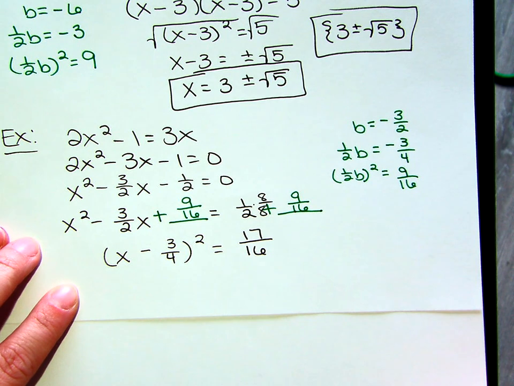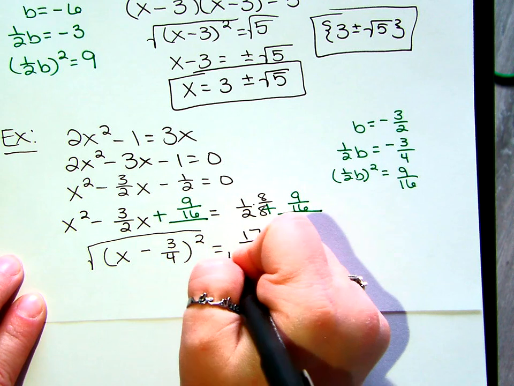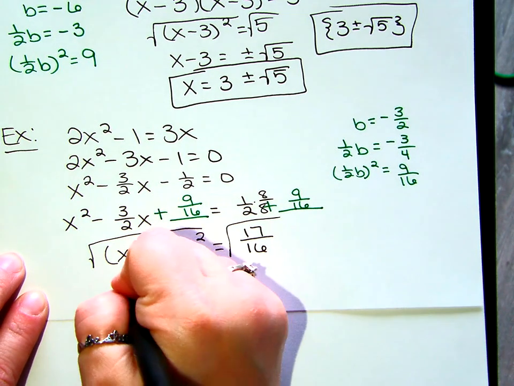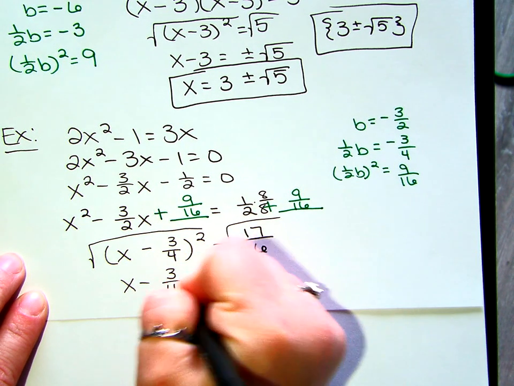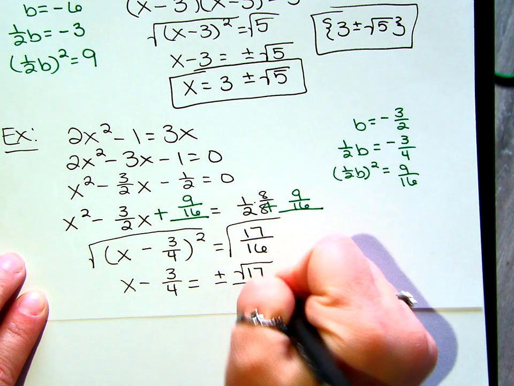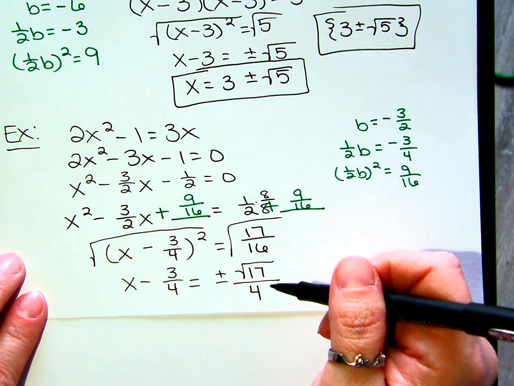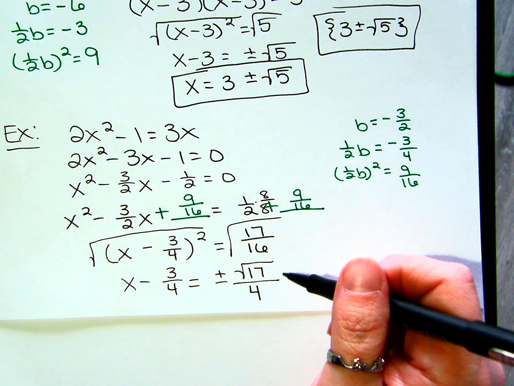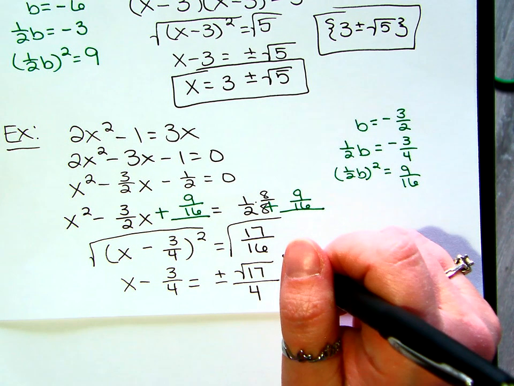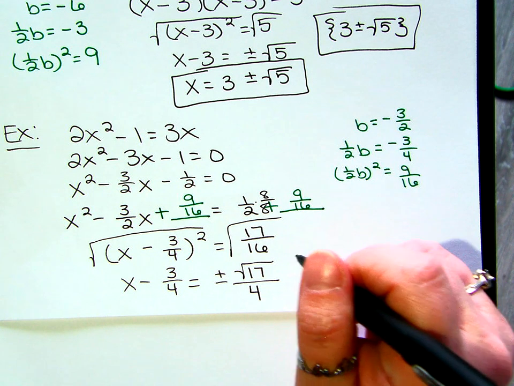Do the square root principle, so that I have x minus 3 fourths equals plus or minus the square root of 17 over 4. 16 is a perfect square, so I can take the square root of the bottom. If the bottom had not been a perfect square, then I would have to rationalize the denominator, because you cannot leave it where you have a radical in the denominator.